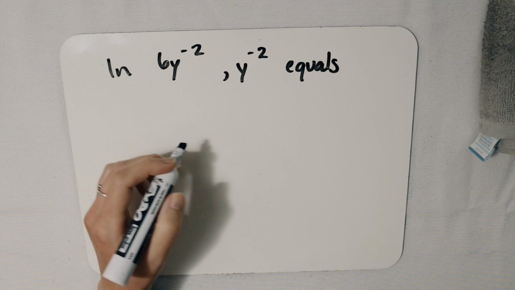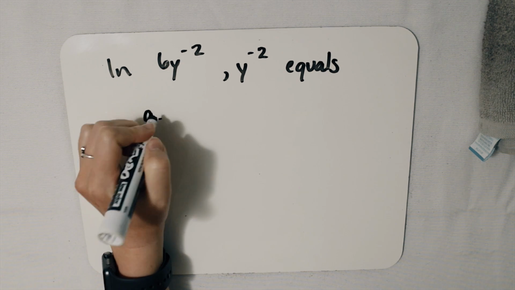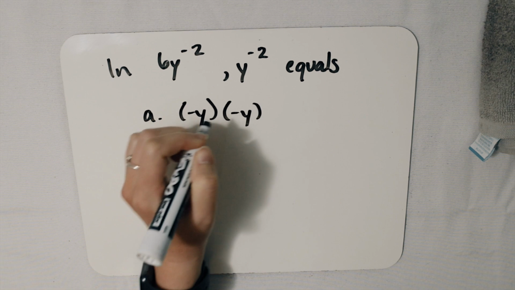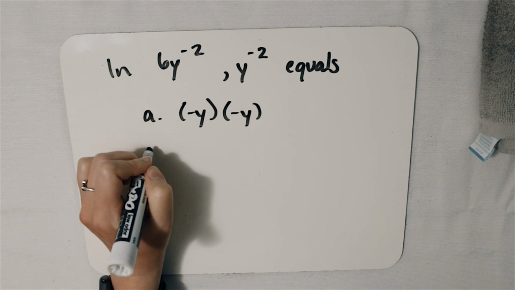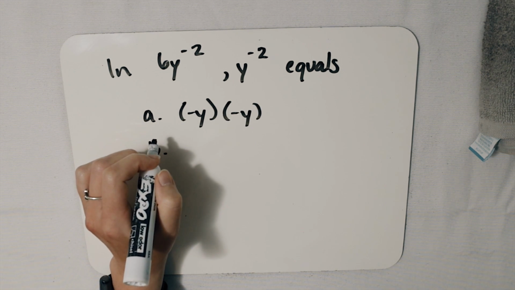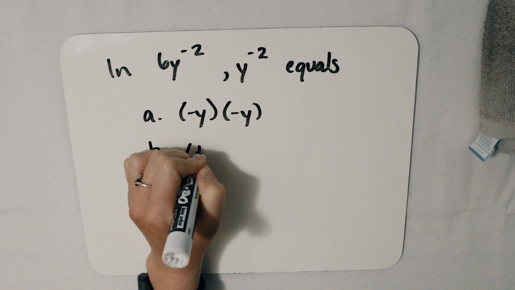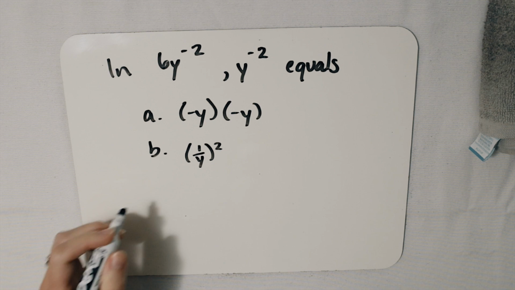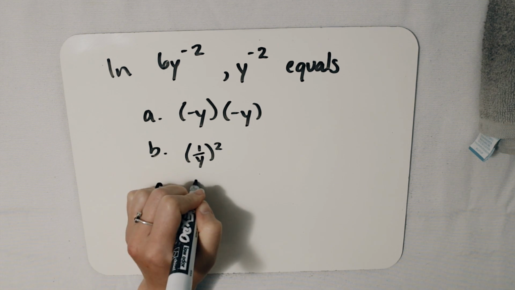Okay, and your answer choices were negative y times negative y, 1 over y squared, 1 over the square root of y.